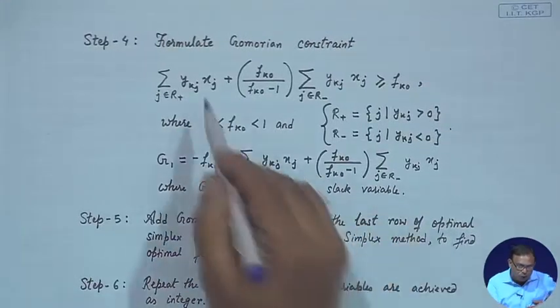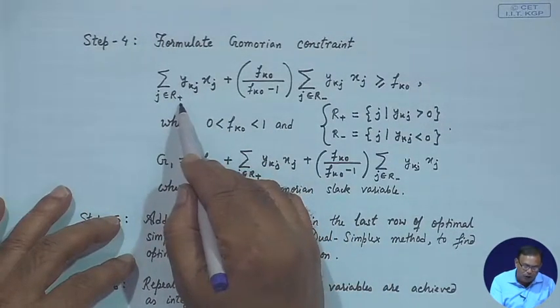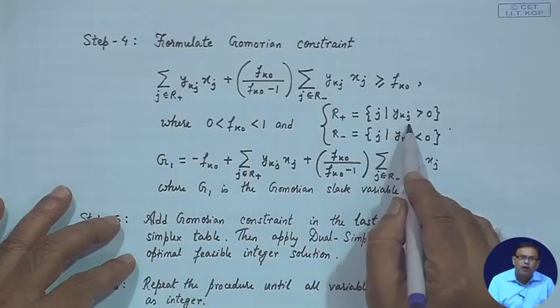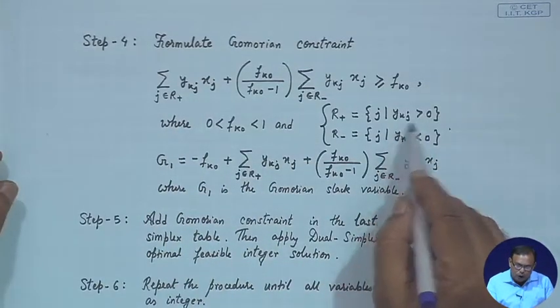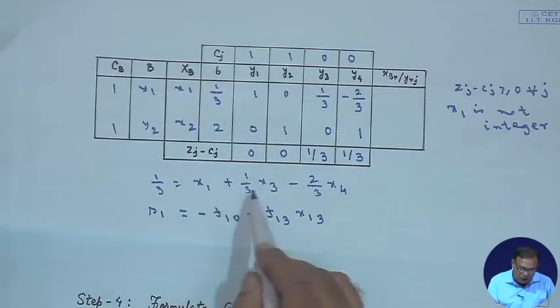If you remember, I have told it has two parts, y k j x j, where j belongs to r plus, that is y k j greater than 0.